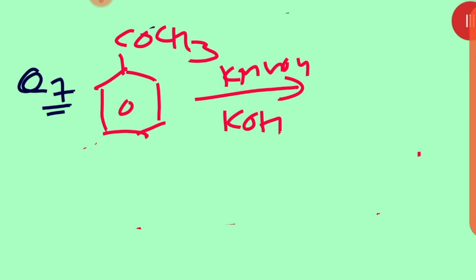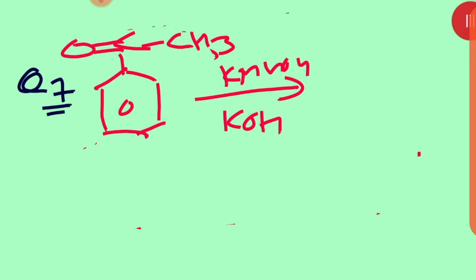Okay, now in this case what to do there, beta? Now this is the keto group. Keto group has to go under the oxidation. Okay, this group we can write like this way also. You must see all of you how we can write. C double bond O, then CH3.